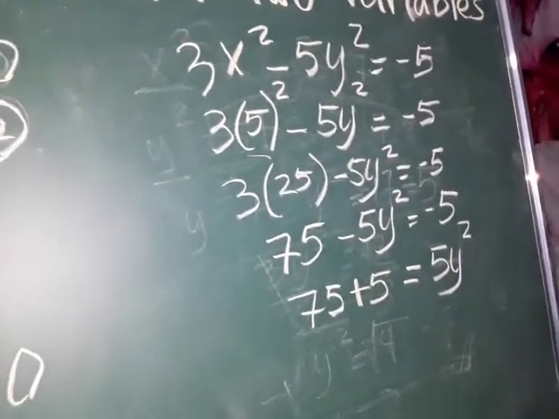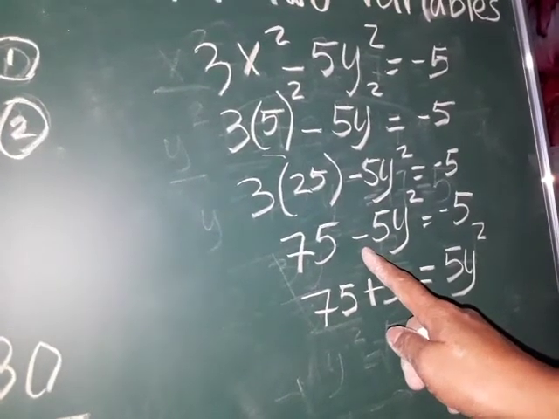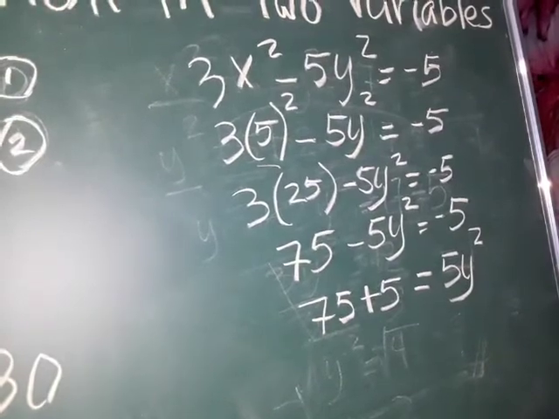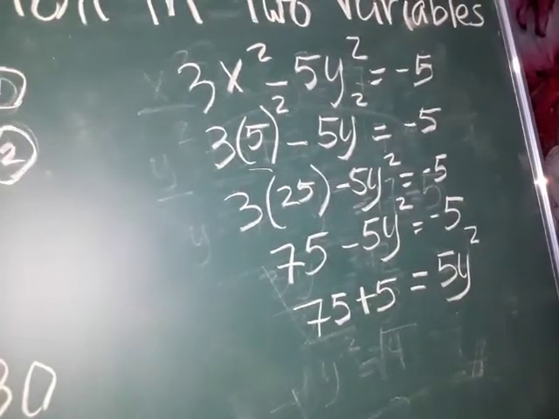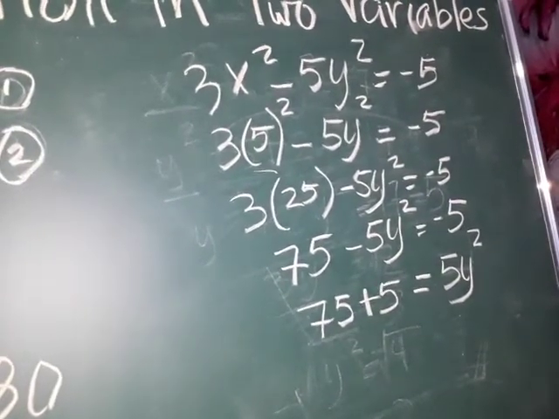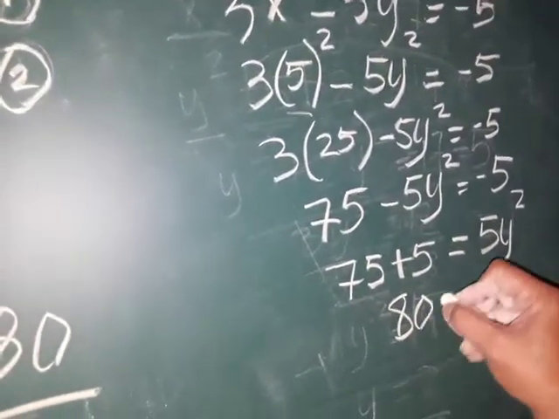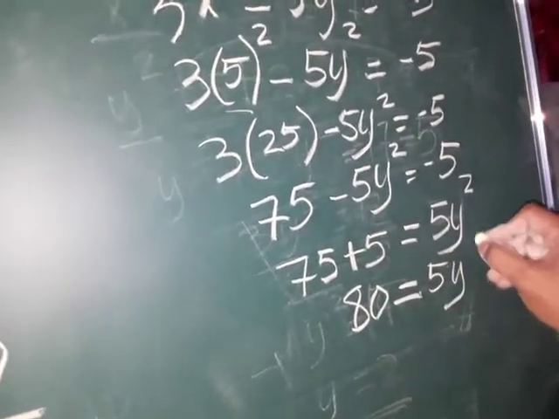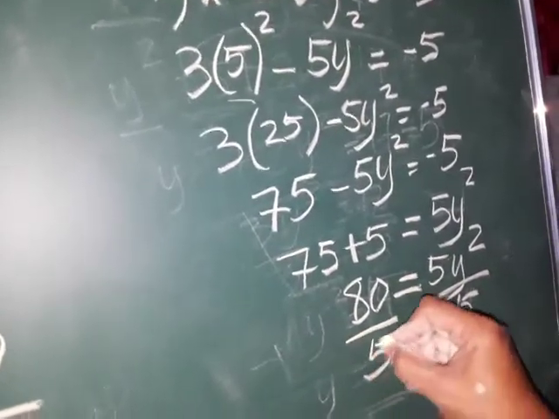Okay. So, ginawa ko na siyang ganito kasi kung ito ang mariretain sa left, kailangan pa nating mag-multiply mamaya ng negative 1. So, negative yung magiging y natin. So, ganito na yung ginawa ko para positive na kaagad ang ating variable. 75 plus 5 is equal to 80, is equal to 5y squared over 5 all over 5.